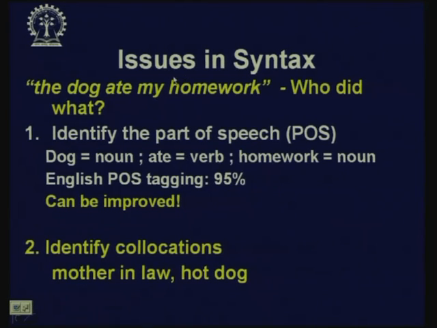So, when we perform syntactic analysis, one very important part is to identify the parts of speech of a sentence.